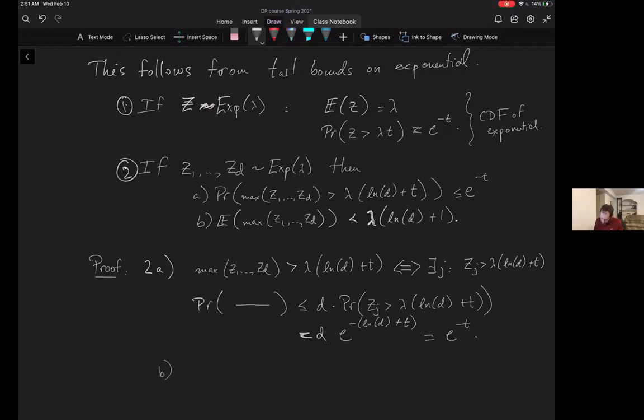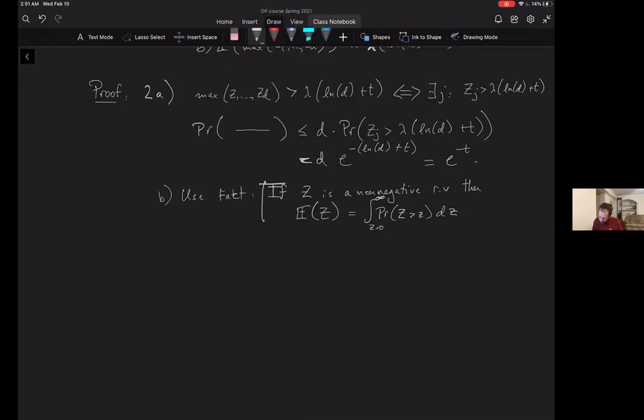In 2b, we're going to use the following fact: if z is a non-negative random variable, then the expected value of z is the same thing as the integral from little z equals 0 to infinity of the probability that the random variable exceeds little z, dz.